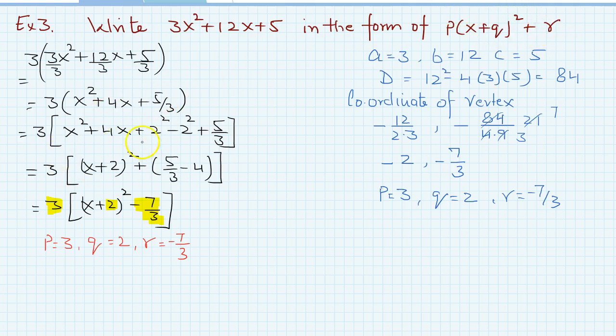Now if you have to find the value of x, suppose the question is find the value of x, so we are going to write it. We will start from here. 3 (x plus 2) square minus 7 over 3 is equal to 0. If it is an equation, this is not an equation, this is the quadratic expression only.